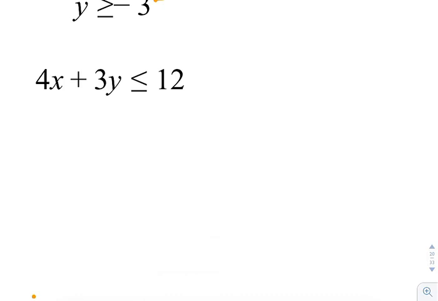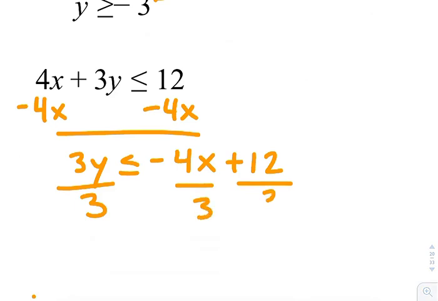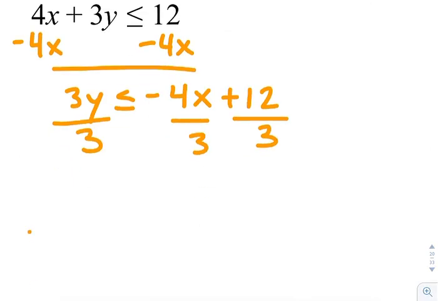The last one we do have to solve for our y, so let's do that. So I'm going to subtract the 4x and get 3y is less than or equal to negative 4x plus 12. Divide by 3. Every single thing, remember. You can do 2 separate fractions, or you can just do the whole right side by 3, whatever works for you guys.